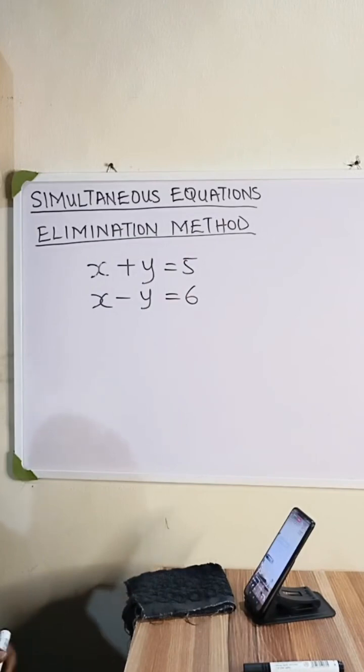Okay? So how many of you were in the first class? How many of you were in the previous class? Sorry. Can you indicate if you were in the previous class when we looked at the substitution method? Anybody from that class? Anybody? Is there anybody from the WhatsApp group?